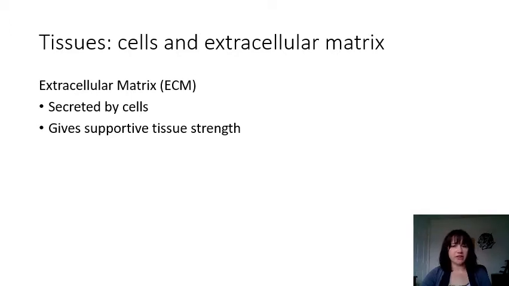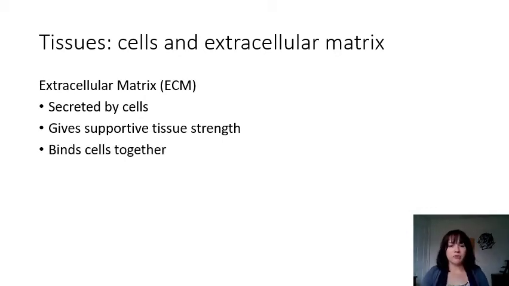Some functions of extracellular matrix. First, to give tissue strength. You can think about bones or tendons. The reason why they have their strength is due to components in the extracellular matrix, versus other tissues that may be more squishy or elastic, which have a different type of extracellular matrix.